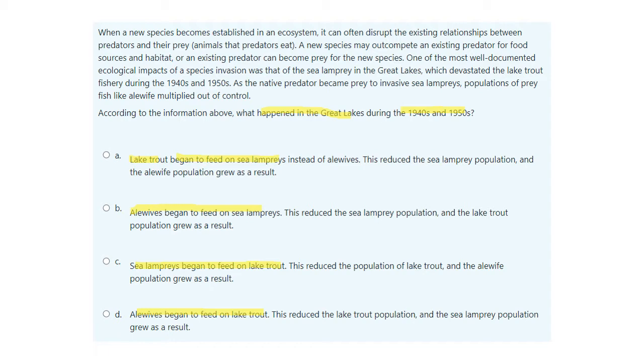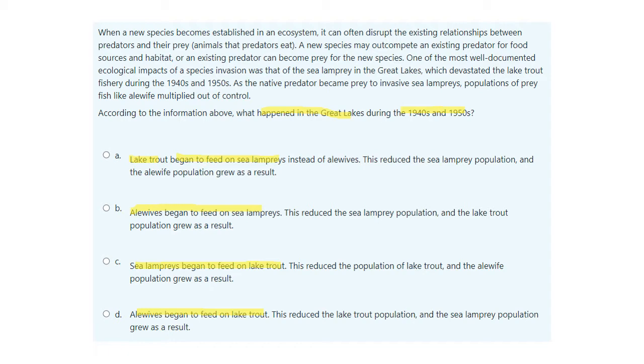When a new species becomes established in an ecosystem, it can often disrupt the existing relationships between the predators and their prey. A new species, that's an invasive species. Okay, you might see that word before, invasive species. So a type of organism that did not live there before. A new species may outcompete an existing predator for food, sources and habitat, or an existing predator can become prey for the new species.